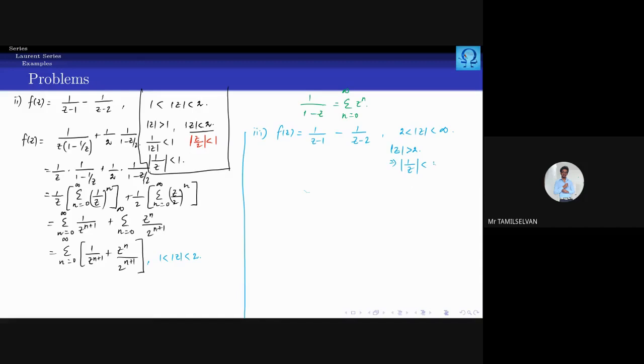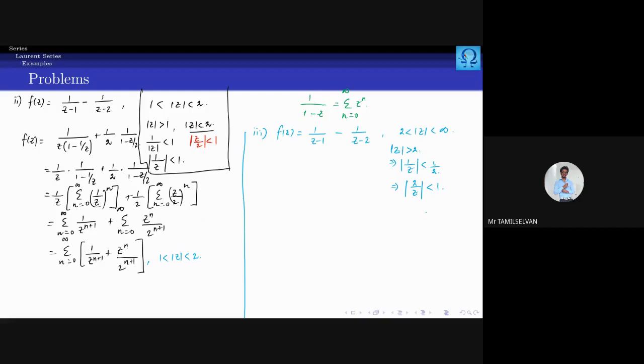Sorry, it is 1 upon 2. We need absolute of something smaller than 1. That is how we must get. For that, absolute of 2 divided by z is less than 1. Yes, good. So absolute of 2 upon z is smaller than 1.